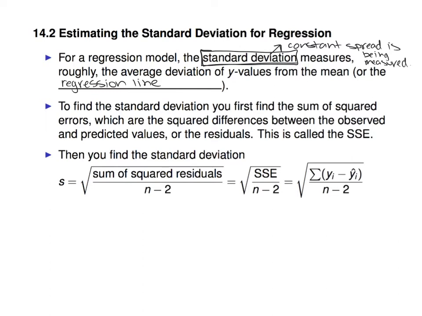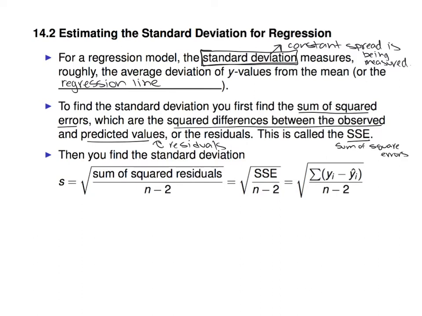So in this case, the standard deviation, you're almost never going to have to find it, but here's what the formula is. You first find the sum of squared errors, which are the squared differences between the observed and predicted values. In other words, the residuals. This is called the SSE, for sum of square errors.